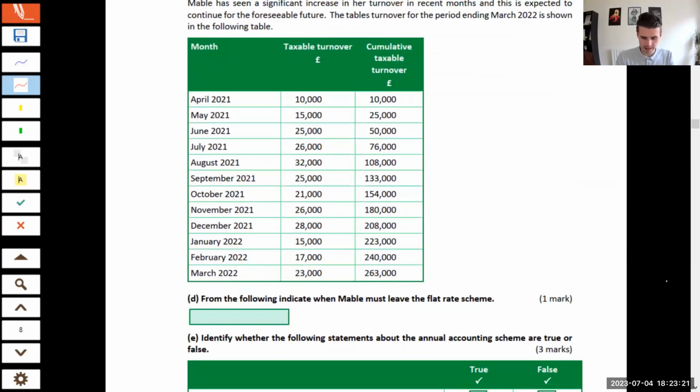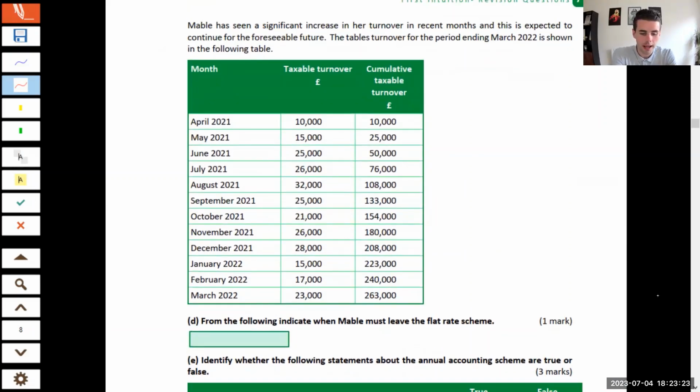This looks like a really big task. It's actually quite nice, to be honest. It says that Mabel has seen a significant increase in her turnover in recent months and this is expected to continue for the foreseeable future. The table's turnover for the period ending March 22 is shown in the following table.